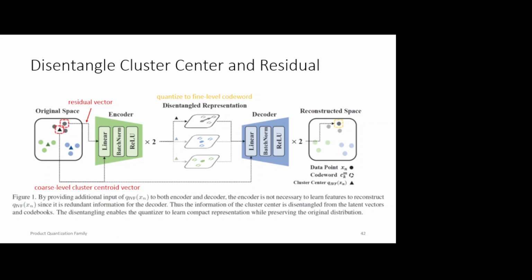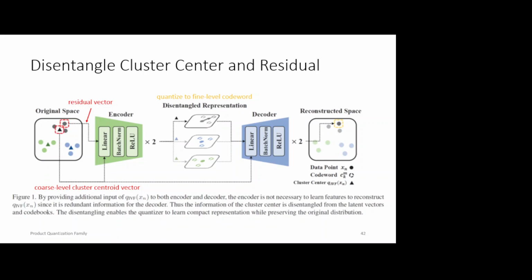Because now we regard it as a disentangled representation. In this representation, there are 3 different clusters in this cluster space. We use their residual to do the fine level quantization. So here we generate this cohort like previous PQ.